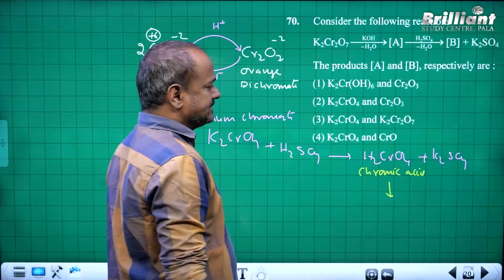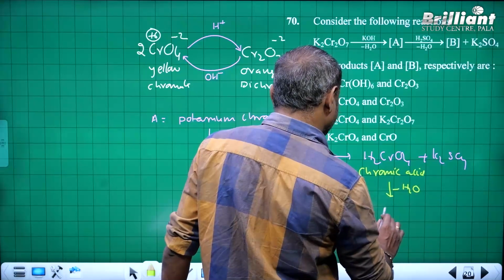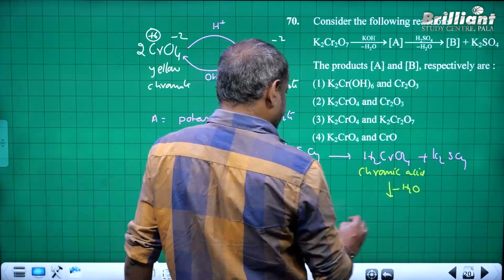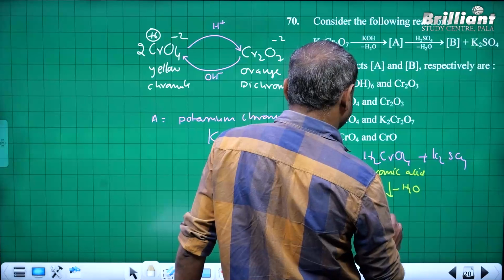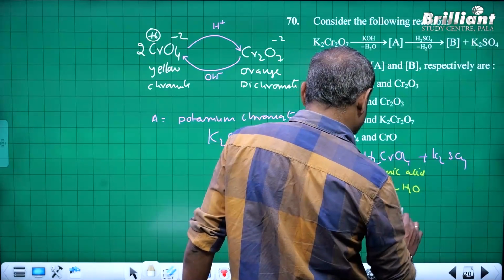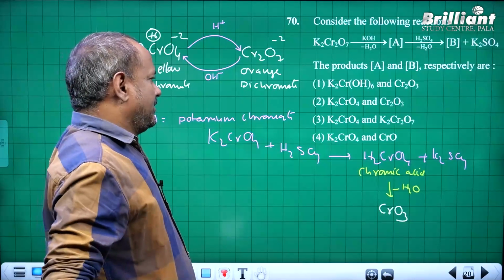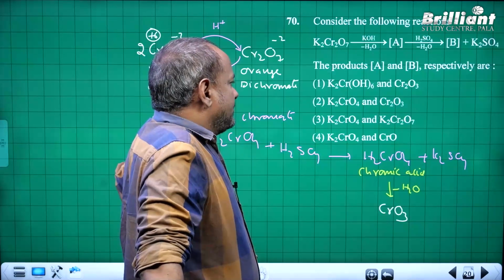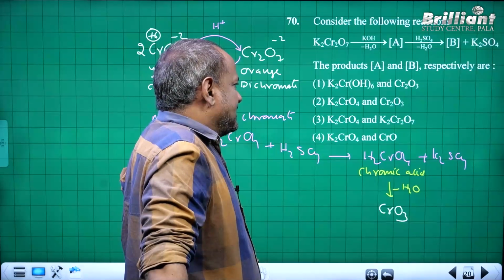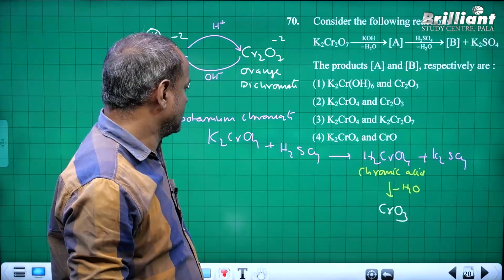Its anhydride, by loss of water, gives CrO3. So here there is a small mistake, because the compound should be CrO3. Oh, sorry.